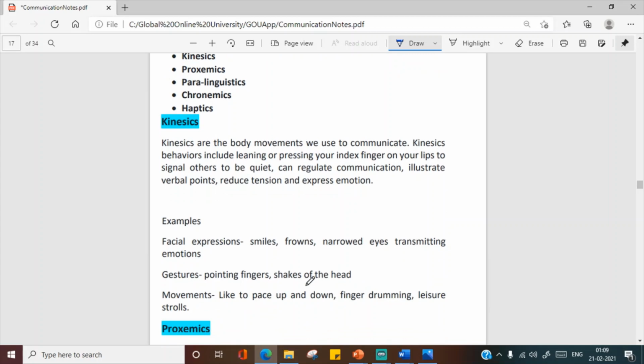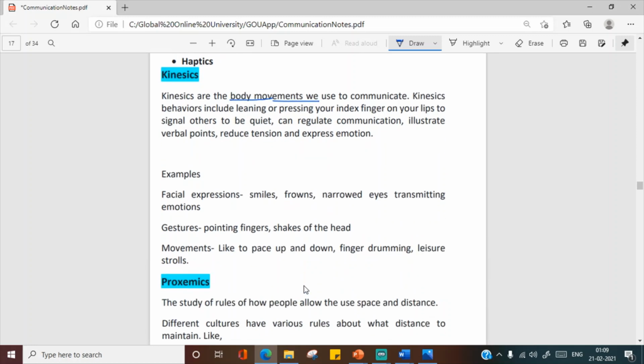Kinesics is body movements which we use while communicating. For example, pressing your index finger onto your lips signals others to be quiet. So when you are using your body language, it comes into the category of kinesics.